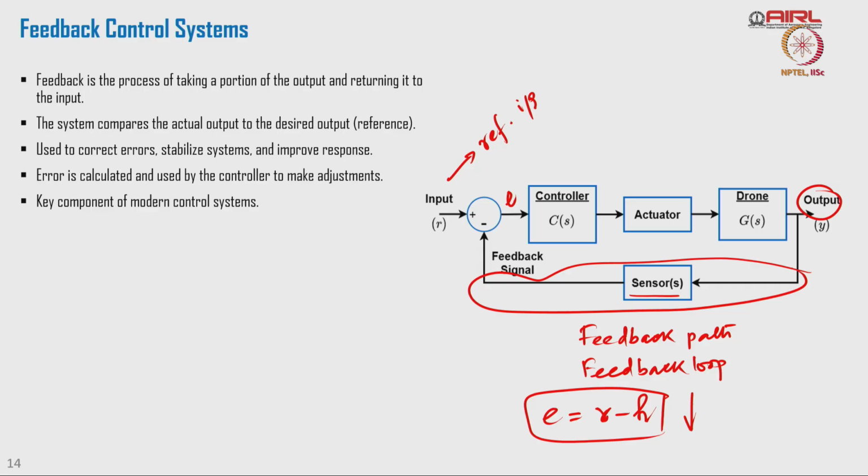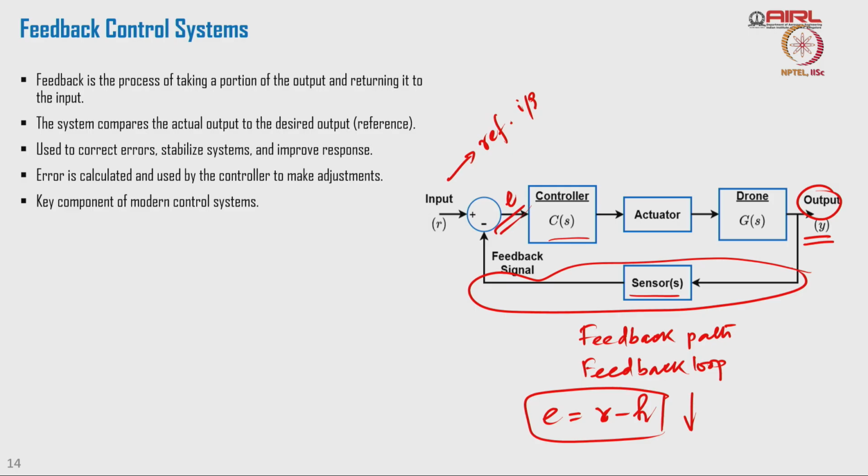The system here compares the actual output to the desired output. Then if there is a difference, it is corrected here. It is used to correct errors, stabilize systems and improve the response of the system. The error is calculated here and used by the controller to make adjustments so that the error can be minimized.